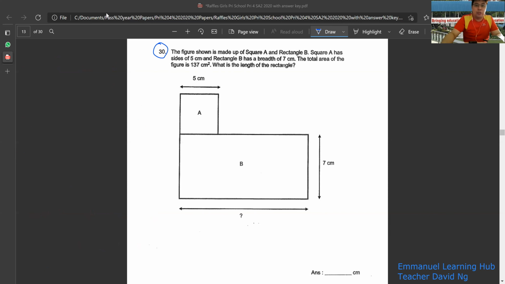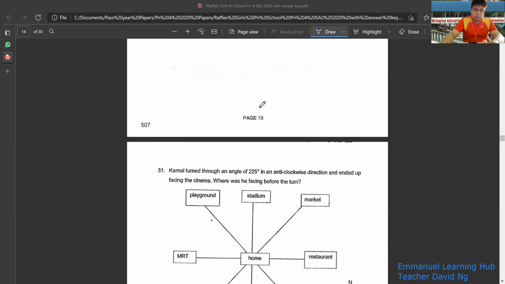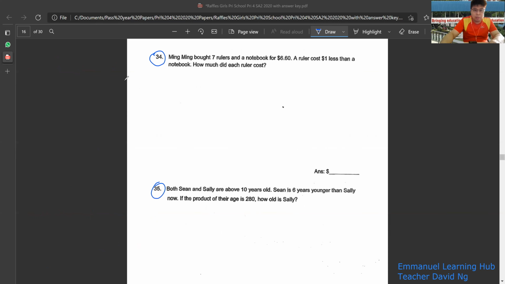Okay, next question. Ming Ming bought 7 rulers and a notebook for $6.60. A ruler costs $1 less than a notebook. How much did each ruler cost?